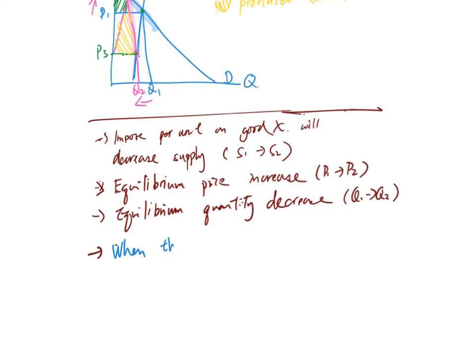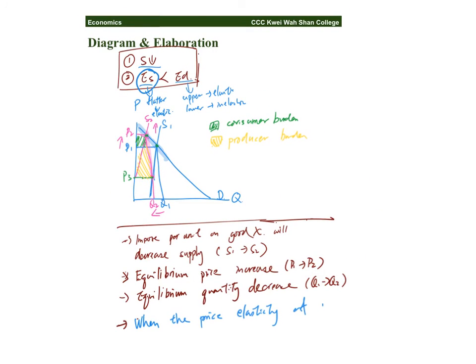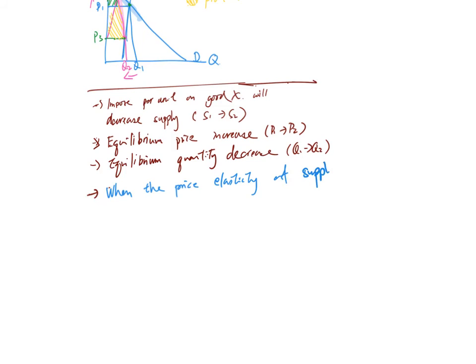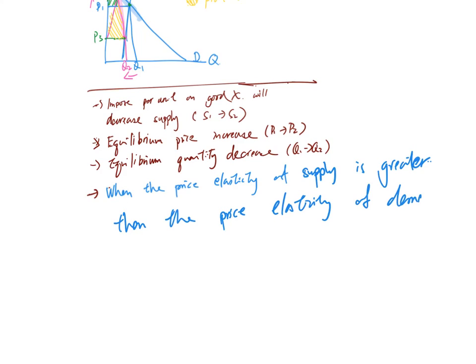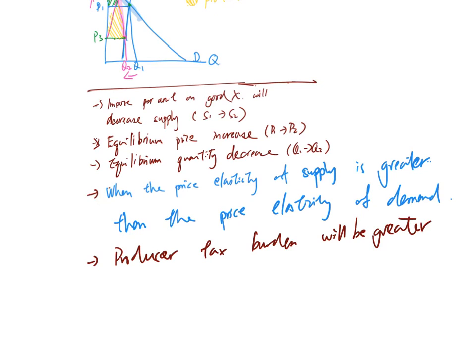When the price elasticity of supply is smaller than the price elasticity of demand, then the producer tax burden will be greater than the consumer burden.